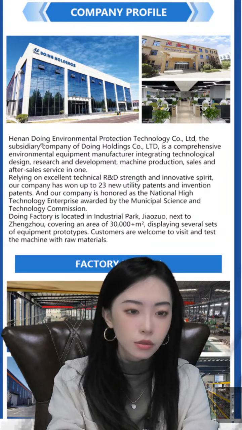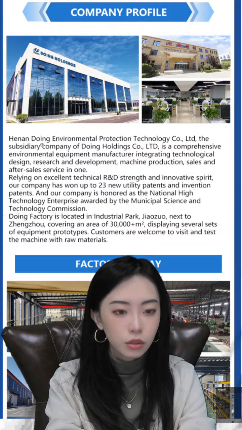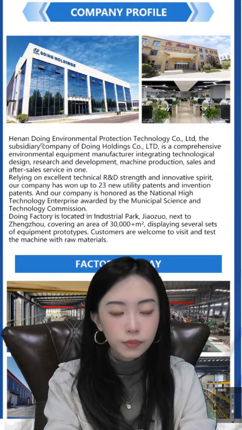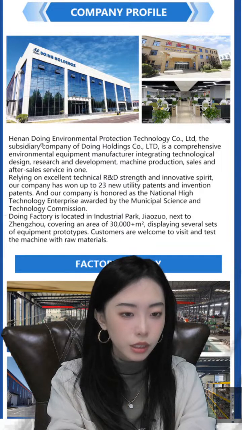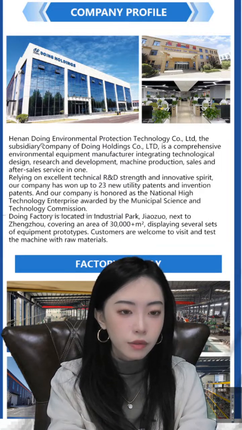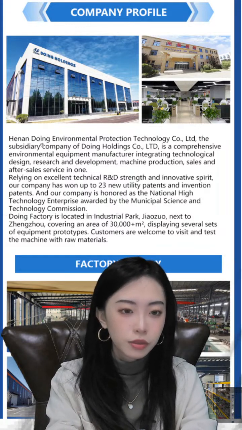This is all a free service for you. If you have materials and want to know the oil yield and the different products, you can send your material to us or carry it to us. Then we can give you a free experiment and clear data.